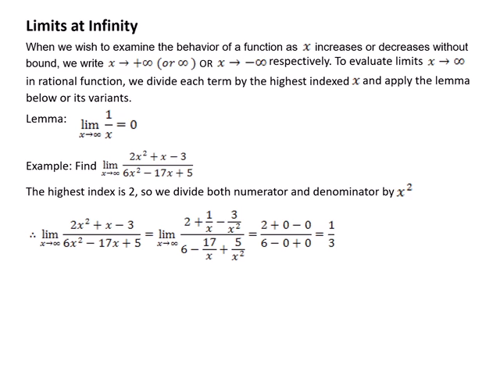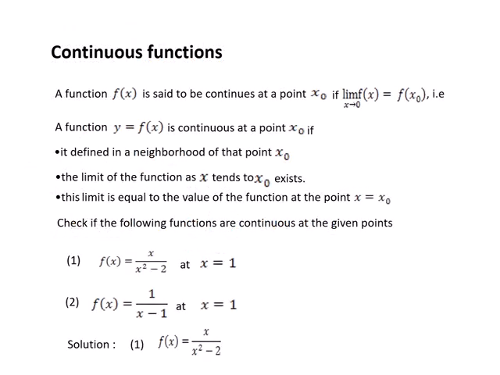So to the next slide now, we move to continuous functions. A function f of x is said to be continuous at a point x naught if the limit of f of x as x approaches x naught is equal to f of x naught.